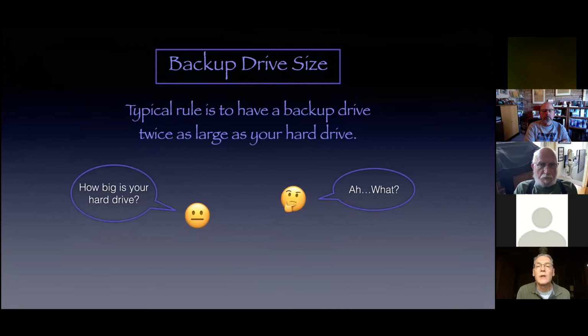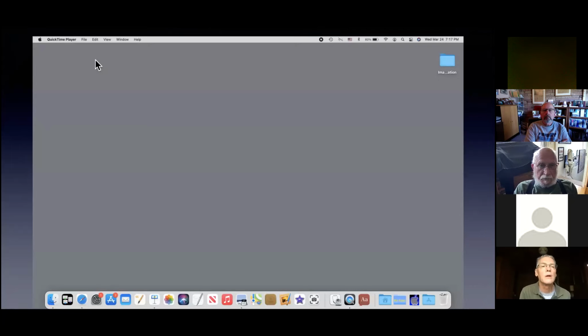Now, if you need to buy a backup drive, typically the rule is to have a backup drive that's twice as large as your hard drive. So how big is your hard drive? Here's how you find out.